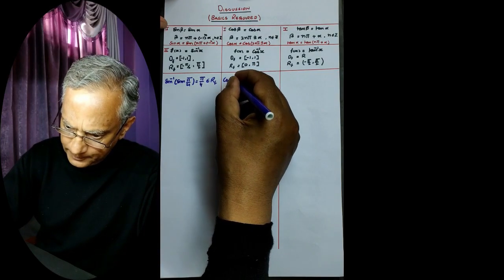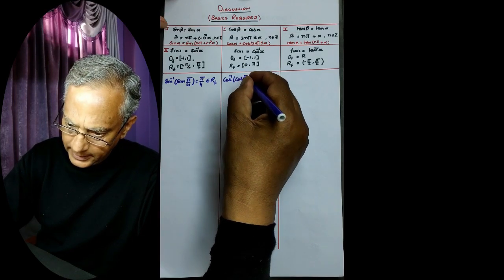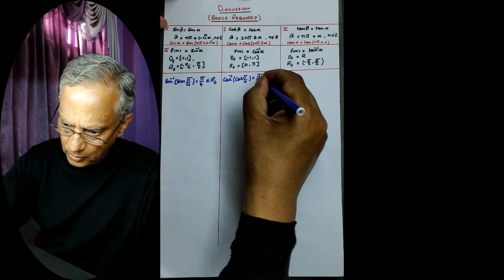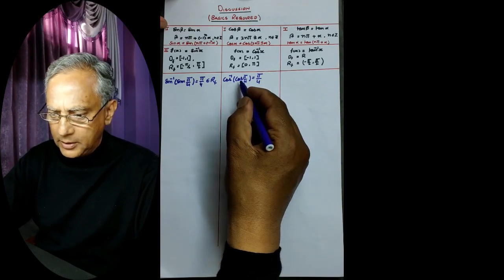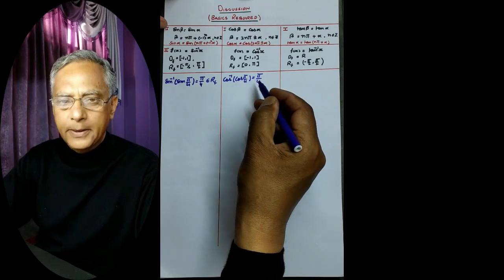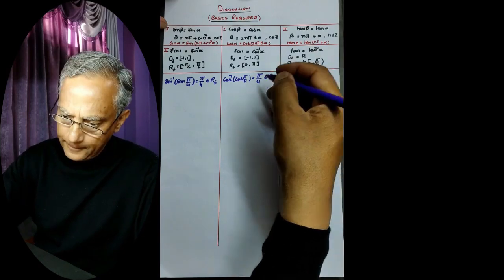Cos inverse of cos pi by 4 is equal to pi by 4. Cos inverse cos is identity, and the value pi by 4 also belongs to the range of f.